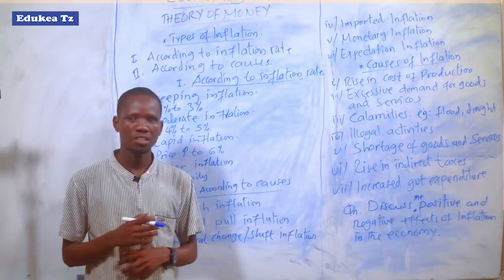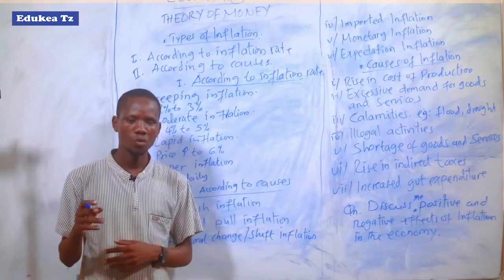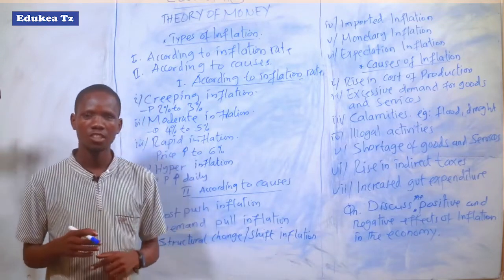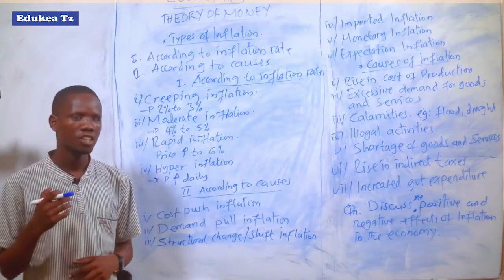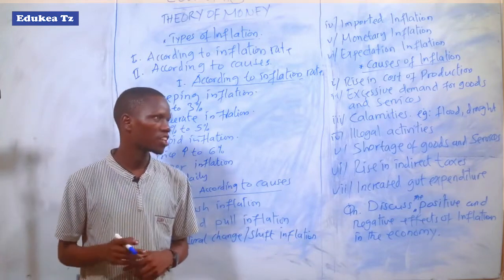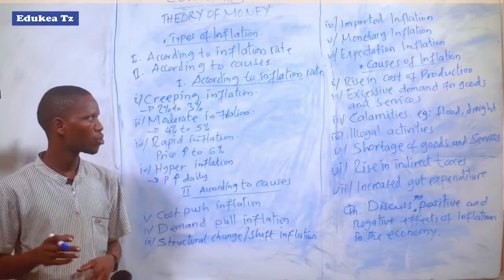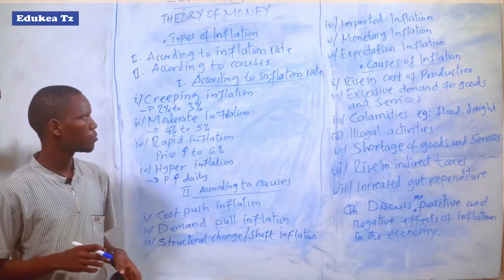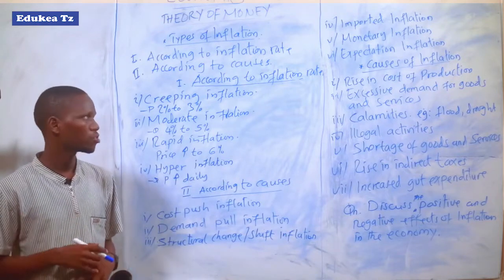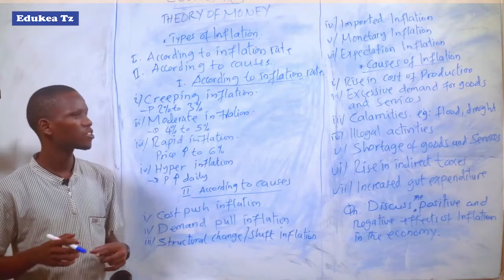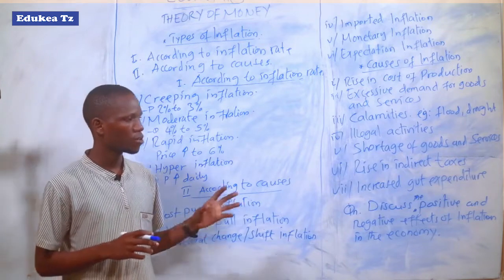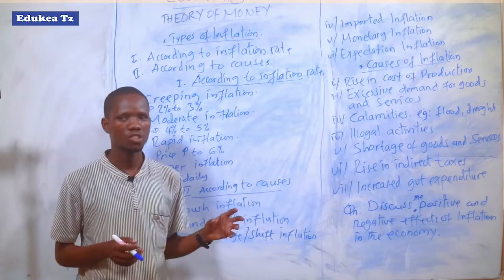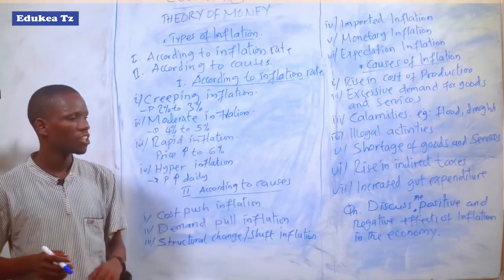So they will find that the goods and commodities from outside the country are of cheaper prices than what is available in the country. So by doing so, exports will be less than imports. So when imported goods and services are more in a country than exports, that is where we get imported inflation.